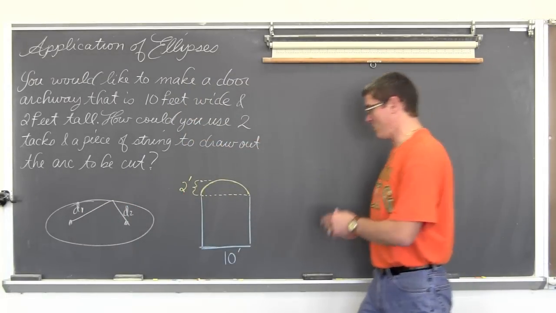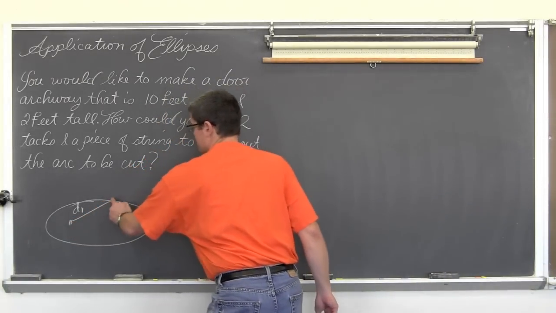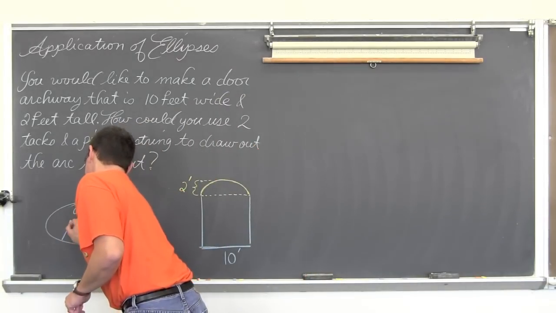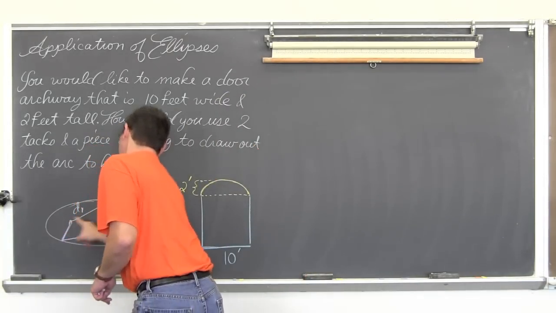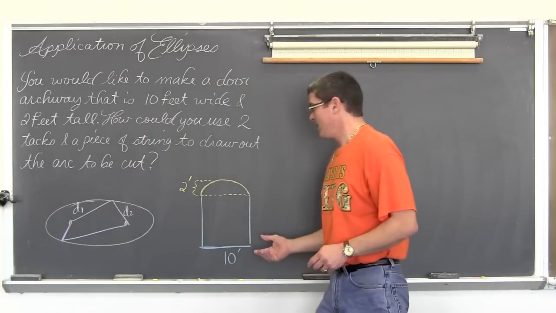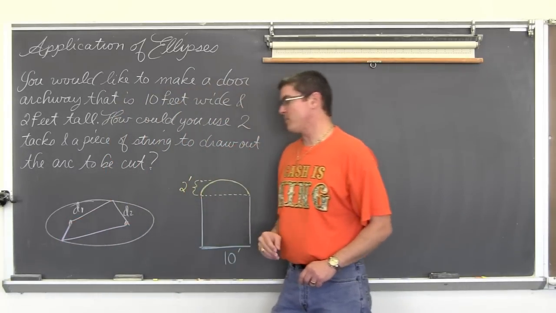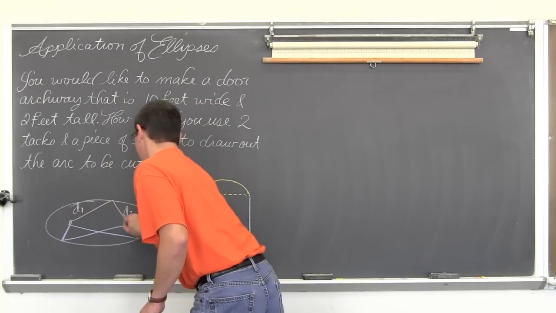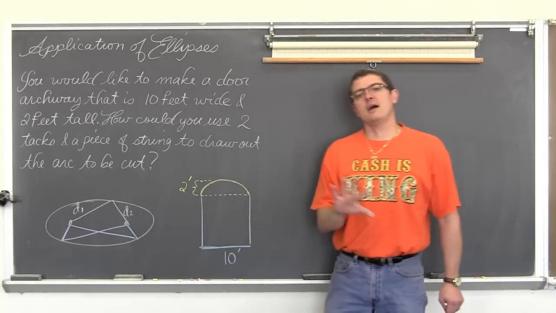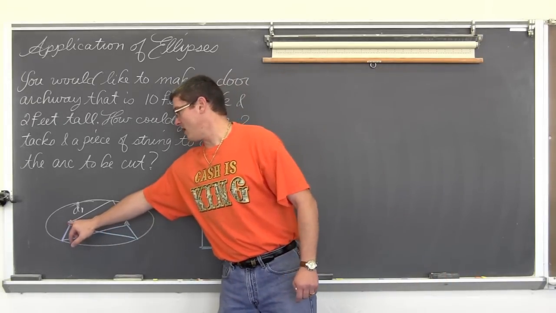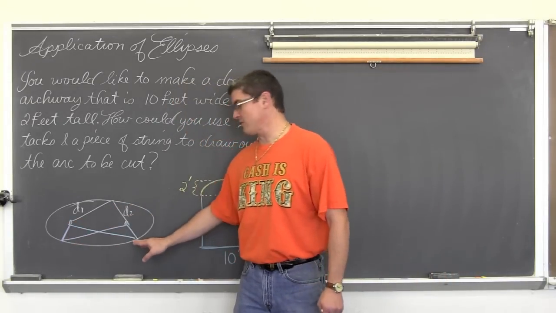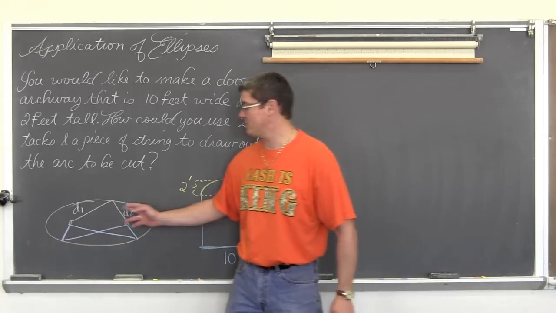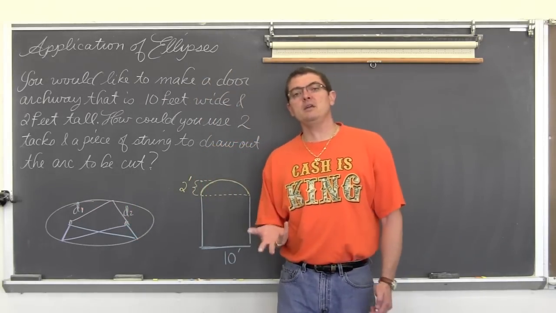So if I go from focus to ellipse to focus, these 2 purple segments, no matter how I go from one focus point, reflecting off the ellipse, and going to the other focus point, the sum of those 2 distances is going to be equal.